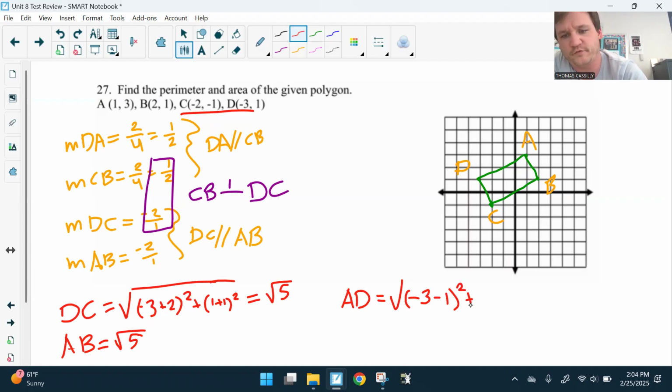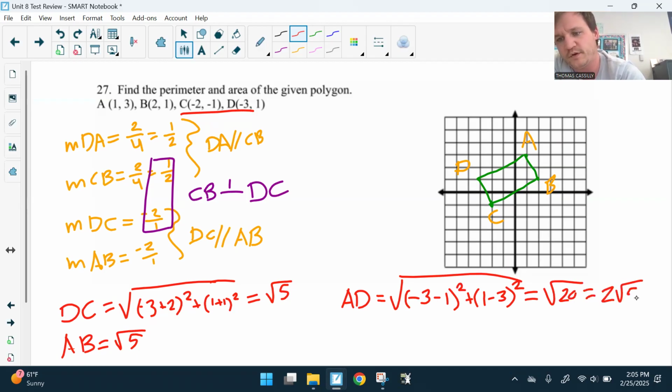And then we got 1 minus 3 squared. -1 minus 1 is -4, squared is 16. 1 minus 3 is -2. -2 squared is 4. 16 plus 4 is 20. This is the square root of 20, which of course simplifies down to 2 times the square root of 5. That means BC is also 2 times the square root of 5.